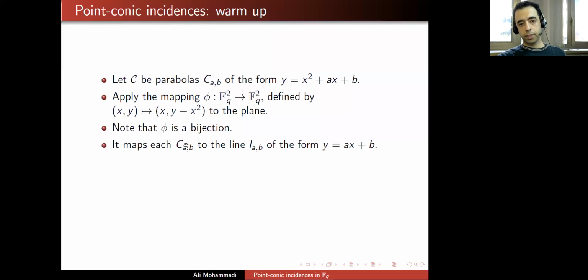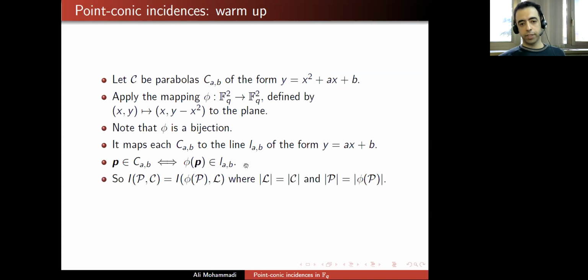Also, it maps these parabolas to lines of the form y = ax + b. Basically, P sits on this C_{a,b} if and only if the image of P sits on this L_{a,b}. So we can easily transform the incidence problem between these parabolas and points into a point-line question.